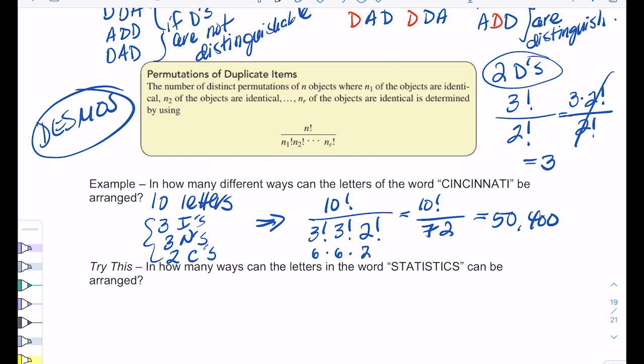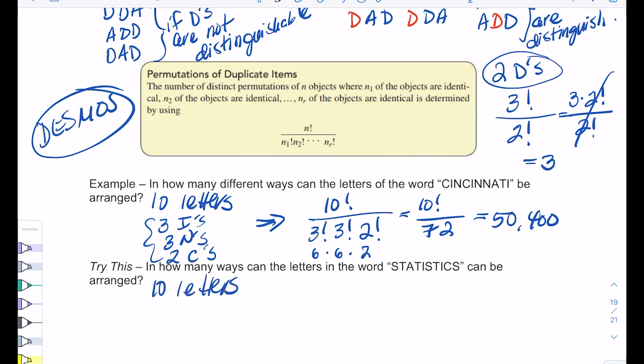In how many ways can the letters in the word statistics be arranged? Take a second, pause this, see if you can try it on your own, and then you can work it out with me. The first thing I notice is, again, there's 10 letters. It's coincidental. They don't always have 10 letters.